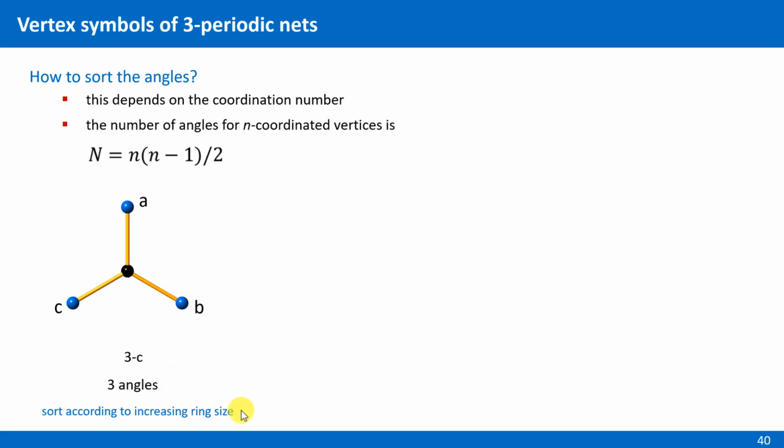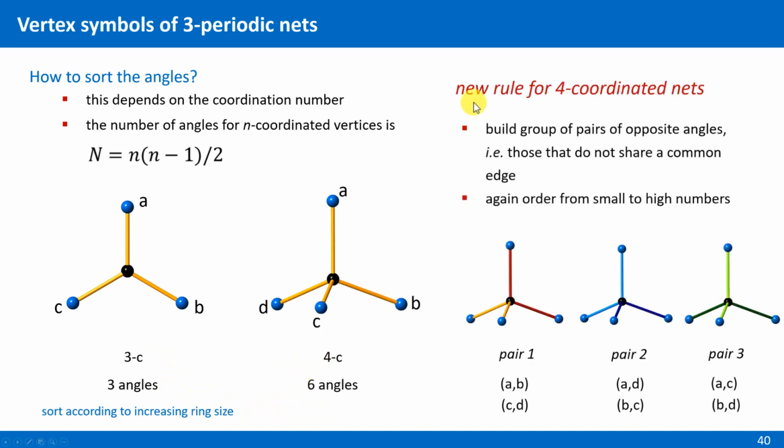This is simple. However, for a 4-coordinating node, we already have 6 angles, and for 4-coordinating nodes, there is a new rule. We should build groups of pairs of opposite angles, and these are those that do not share a common edge. And then we have again to order from small to high numbers.